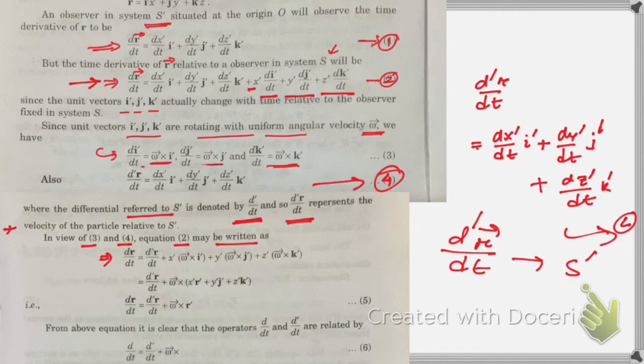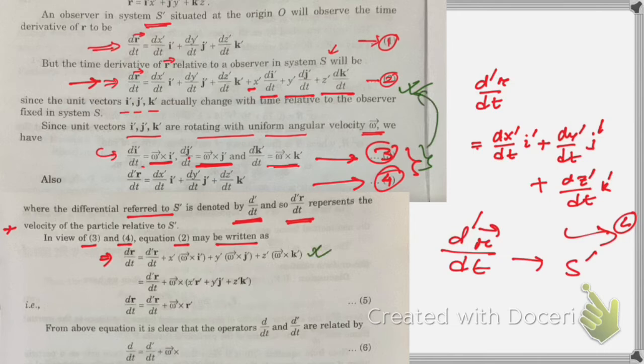Here it can be replaced: we have already got di dash by dt as omega cross i dash, and similarly dk dash by dt as omega cross k dash. So using equation 3 and equation 4 in equation number 2, we get this relation.